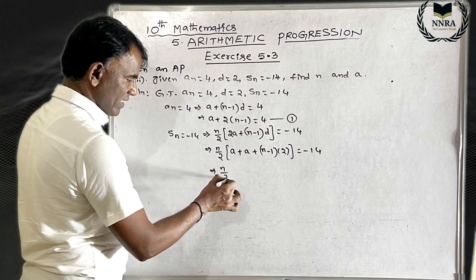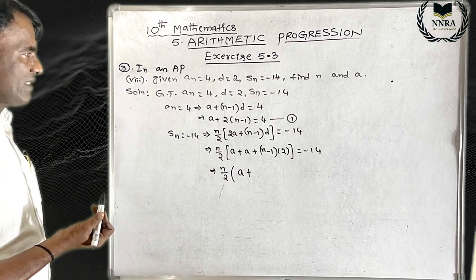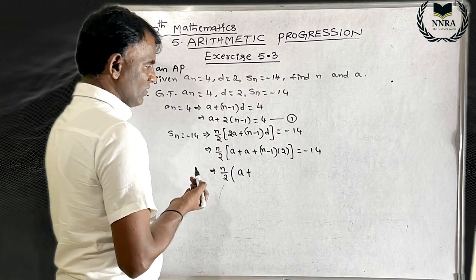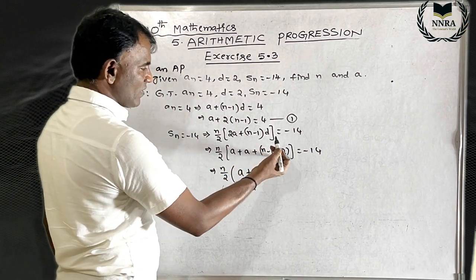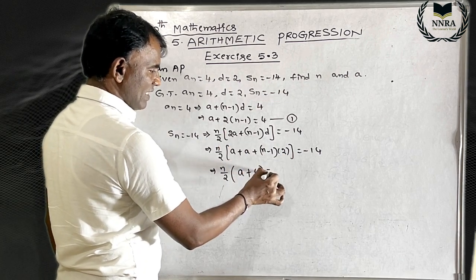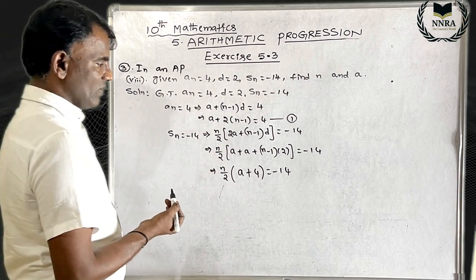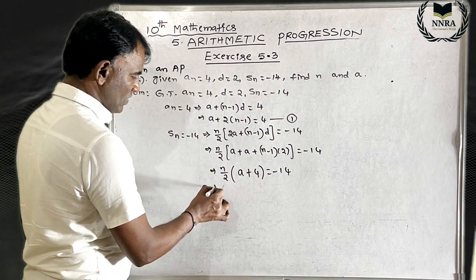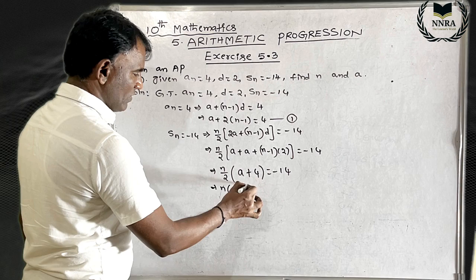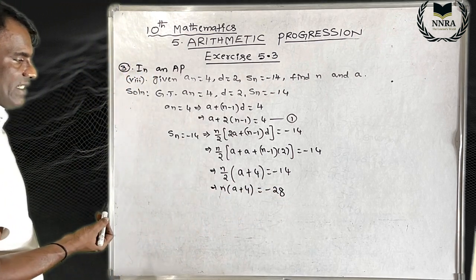So it is n by 2 and a plus 4, and this whole value is equal to minus 14. Now how to write it? n into a plus 4 equal to 2 into minus 14, that is minus 28.